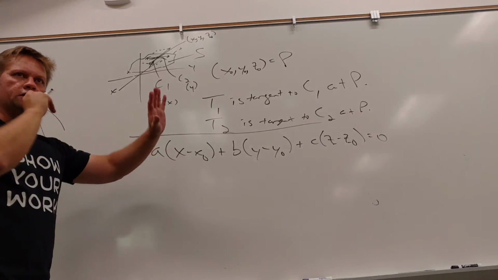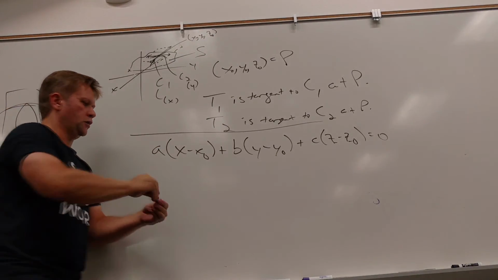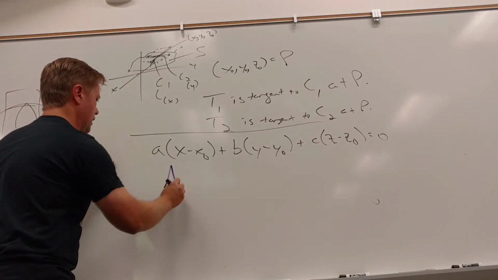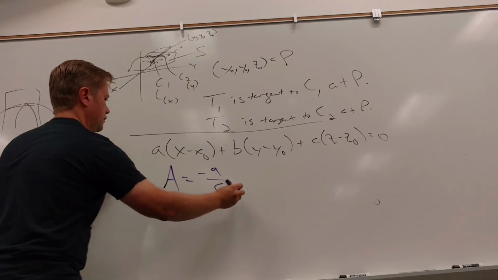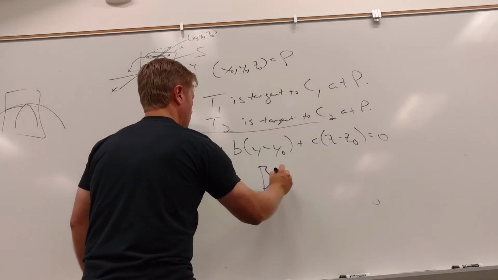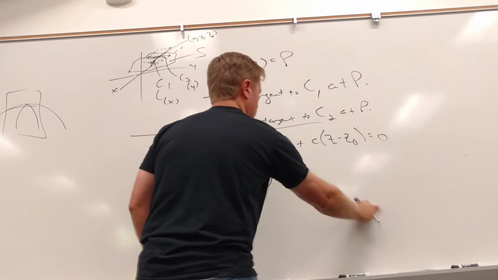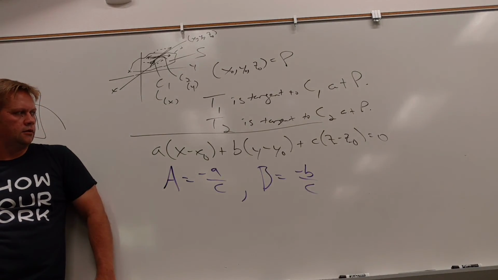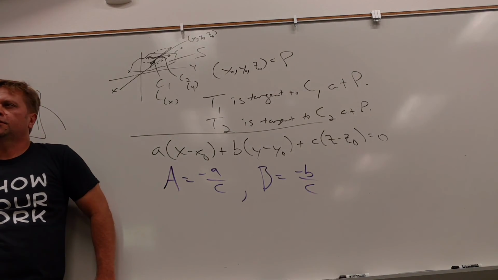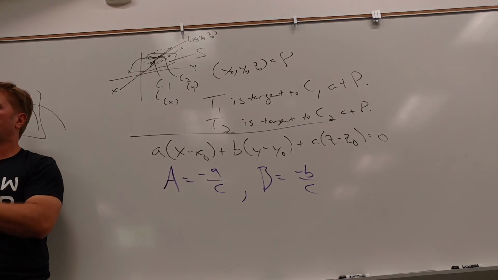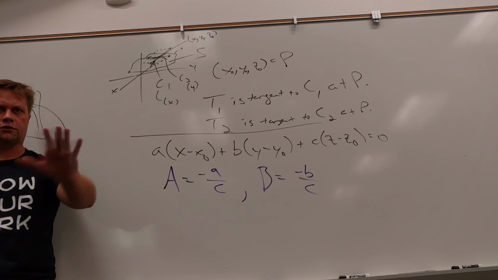Now let me do a couple little things. If I let big A equal negative A over C, and big B equal negative B over C, what do you think I'm about to do to the whole thing?